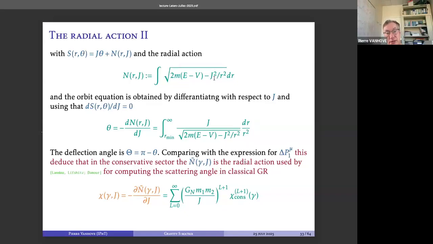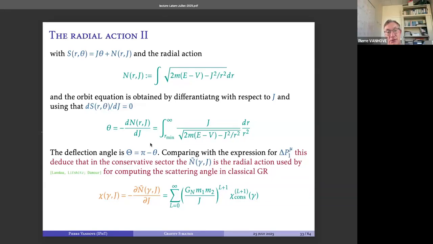Because S is a conserved quantity with respect to J, dS over dJ equals 0, then you deduce that theta is minus dN over dJ, which is given by this.